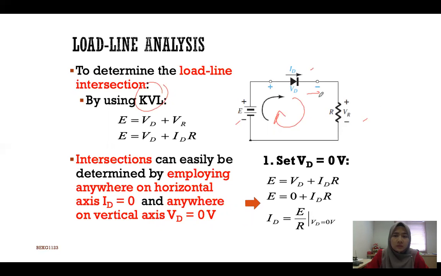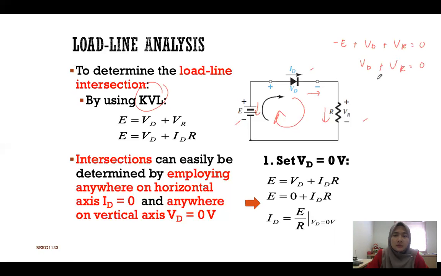Doing the KVL equation for the circuit, you will have negative E plus VD plus VR equals 0.